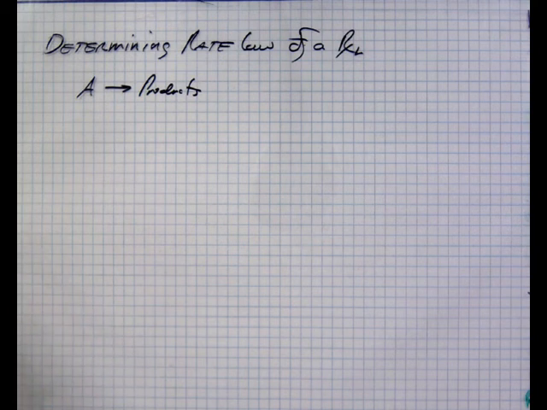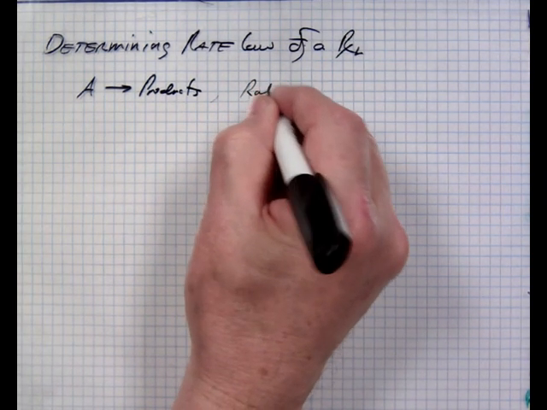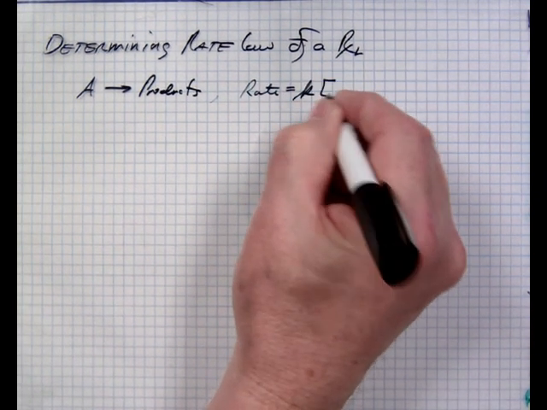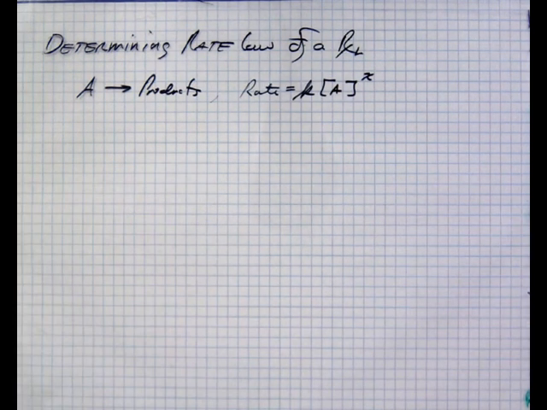To write the rate law, remember what I said, the first question about rate is going to be, what is the empirical rate law? And then you fill it in for K's and X's and Y's or whatever you assign, I can use A, B for exponents if you want to. The rate law for this equation is K times A raised to the X power. That's the empirical rate law for that equation.